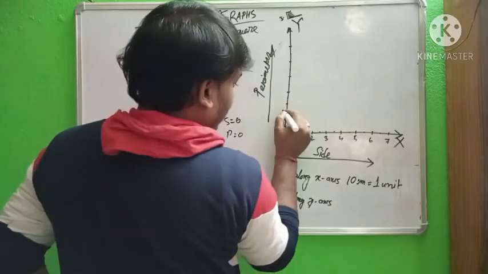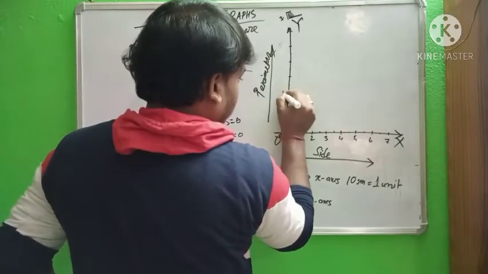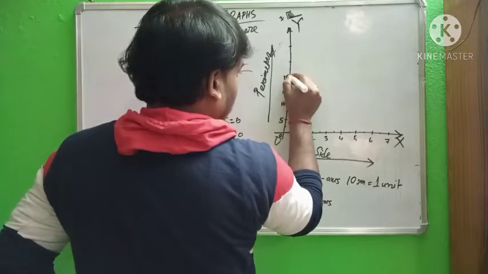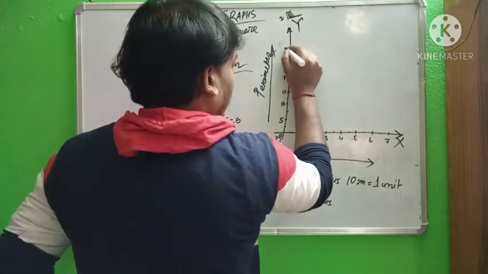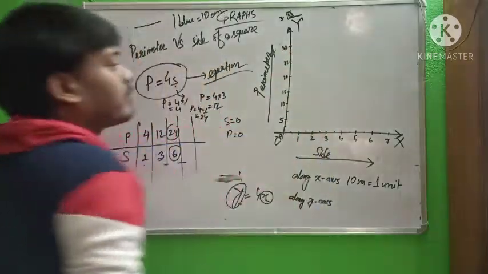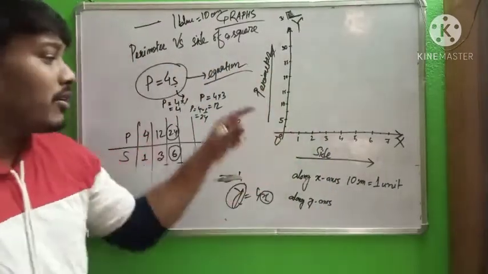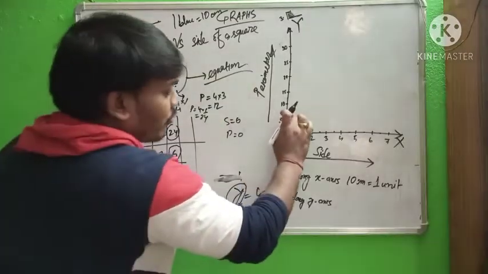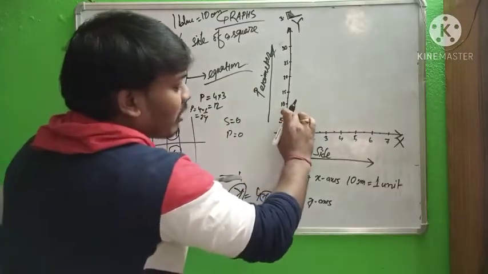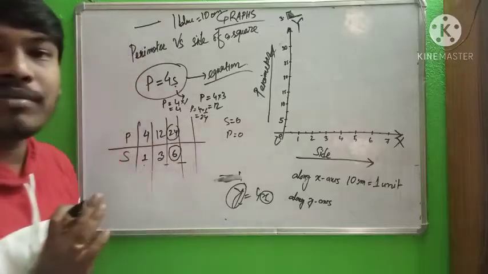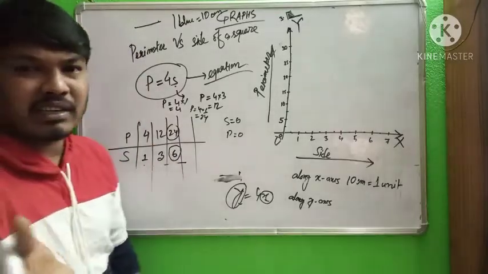So 0 to 5, then 10, 15, 20, 25, 30. Okay, so if we draw in this way, then it is okay. So what is the scale now? You can write one block equal to 5 unit. This is better and very easy.